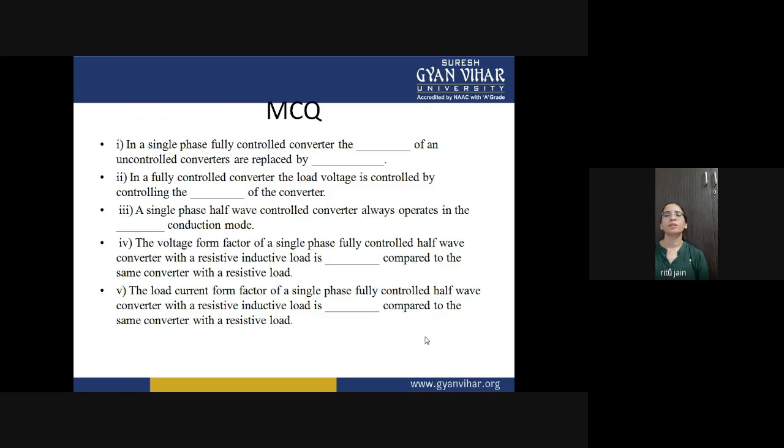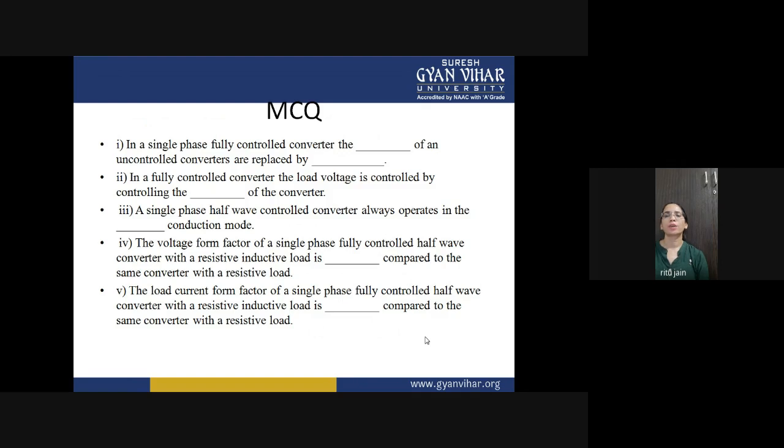A single phase half wave controlled converter always operates in the discontinuous conduction mode, because there is no freewheeling diode or SCR by which the current can conduct.